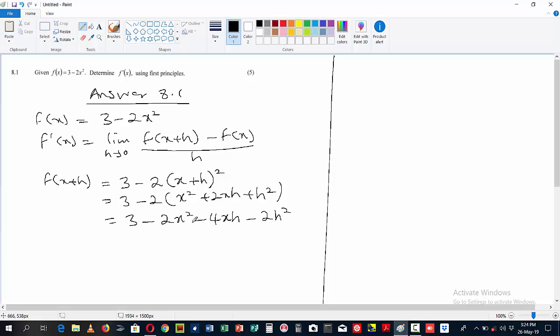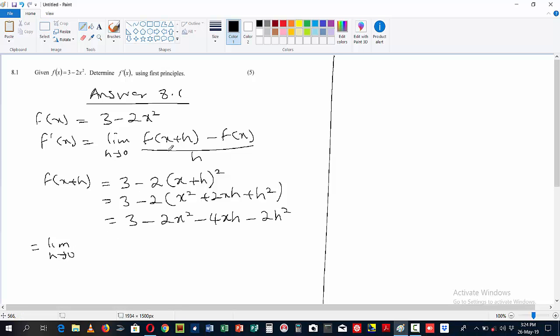Now, we are going to use the formula. We know f of x plus h. We also know f of x. Now, let us apply the formula. We have the limit as h tends to 0.